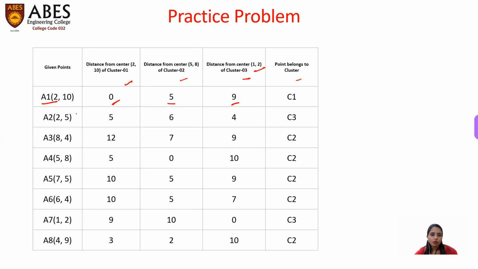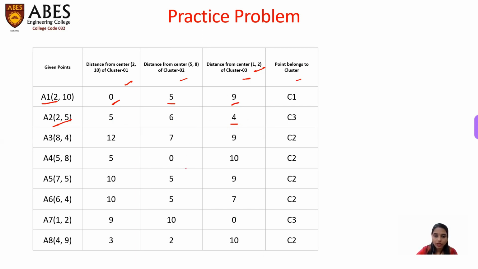And so for all data points, we have calculated distances, and then we assigned the data points to the clusters. So the data point A2 will go to cluster 3, because 4 is the lesser value as compared to 5 and 6, and 4 is the distance of data point A2 from the cluster center C3.